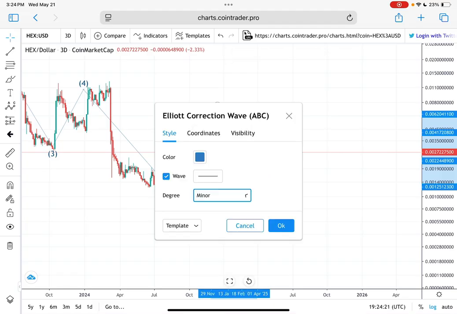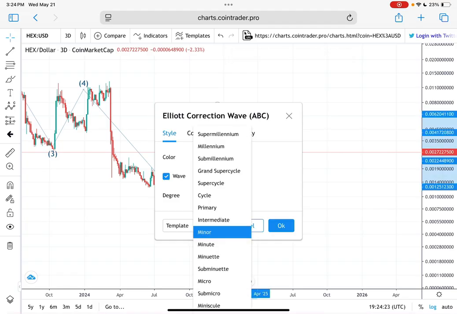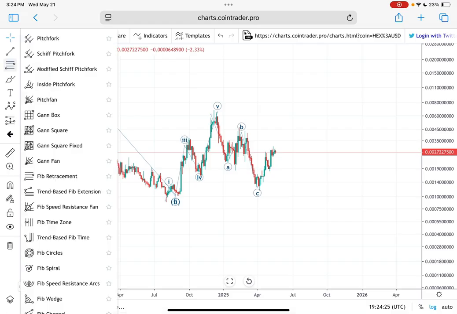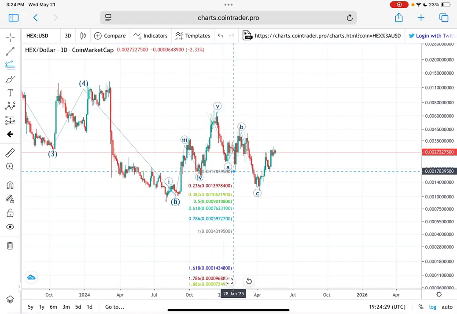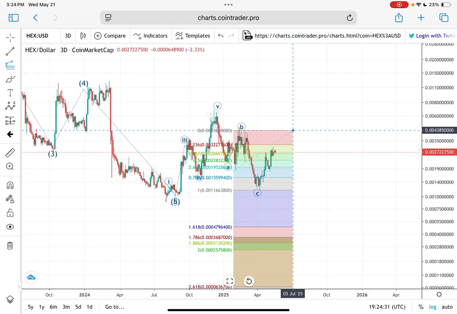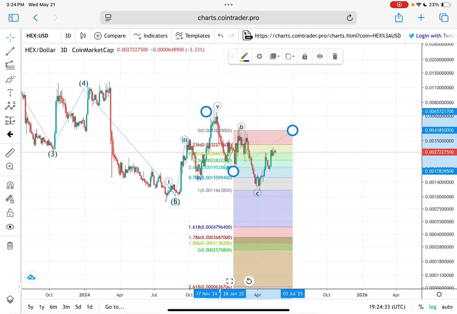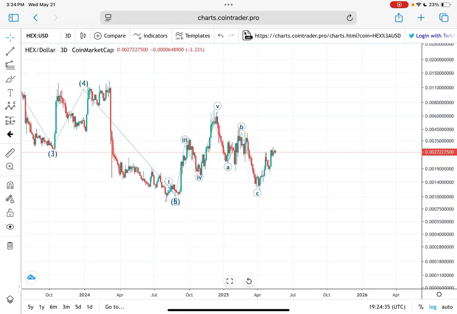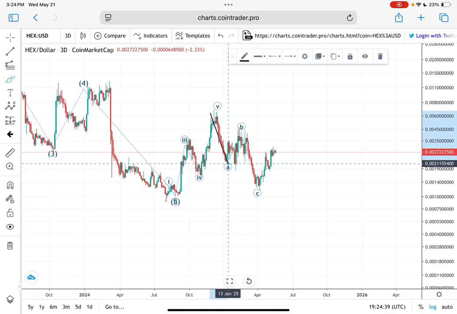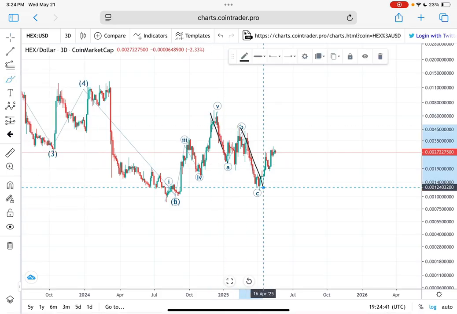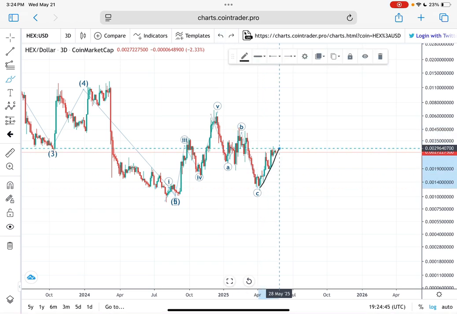And notice how this ABC perfectly came down to the 786. So if we take a trend-based fib to this, you see how it came down to, actually it was a 1-to-1 extension. So basically what a 1-to-1 extension is, you take this measurement, copy and paste it, and it will be the same measurement down. So a 1-to-1 extension, and now we see it pop up here.